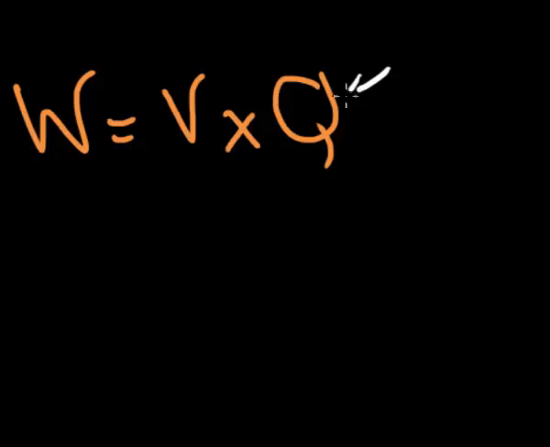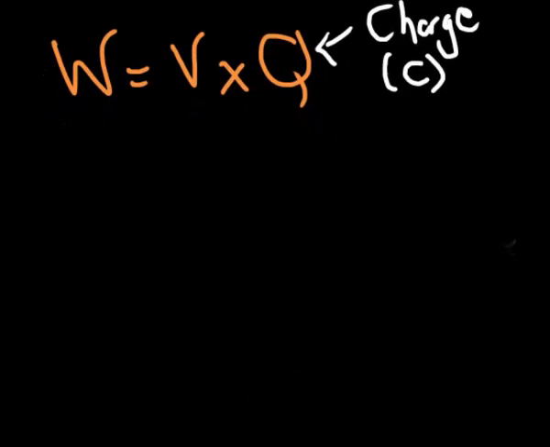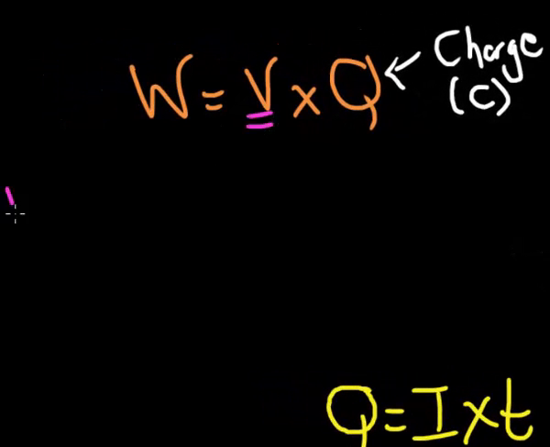As mentioned, Q stands for charge, and we do use the unit capital letter C for coulombs. Now you are familiar with V, that stands for potential difference, and in the very beginning of our lessons we did refer that charge is also equal to current times time. So let's in this case assume that we will be keeping the potential difference constant.